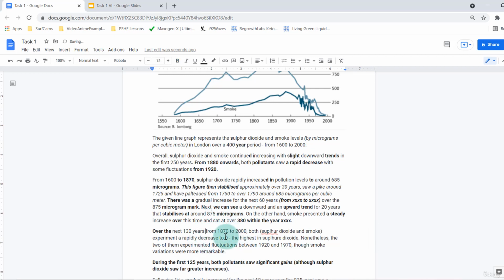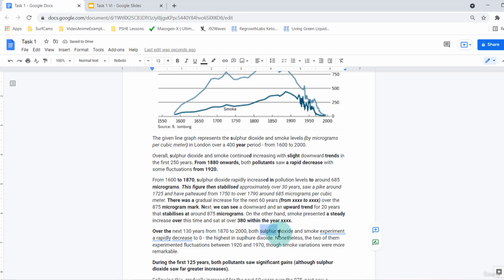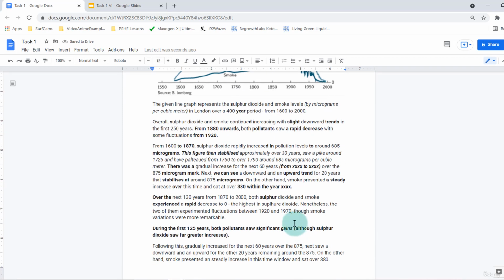Over the next, you don't need the comma there, from 1870 to 2000, both sulfur, no need for the brackets, both sulfur dioxide, spelling mistake there, both sulfur dioxide and smoke experience, I'm going to try and get rid of that, experienced, and I do believe the student made this mistake twice, experienced a rapid decrease to 0, the highest in sulfur dioxide, to 0, let's get rid of this extra detail here, to 0 micrograms.